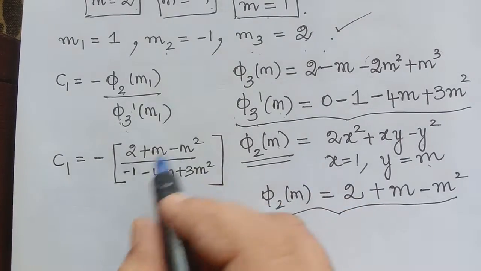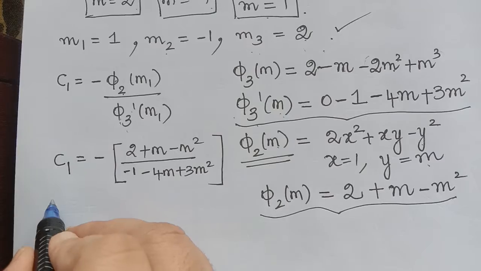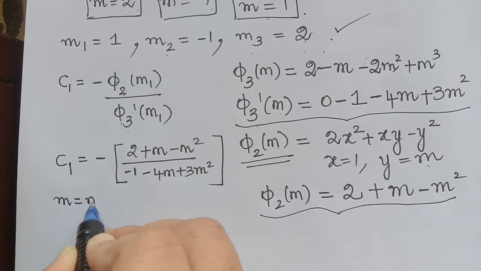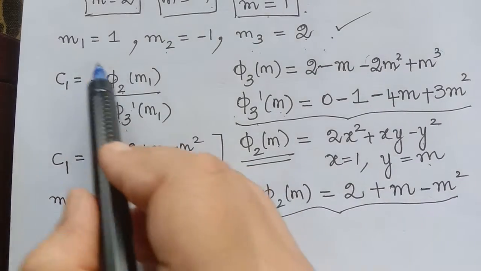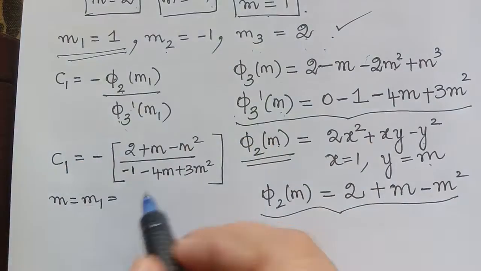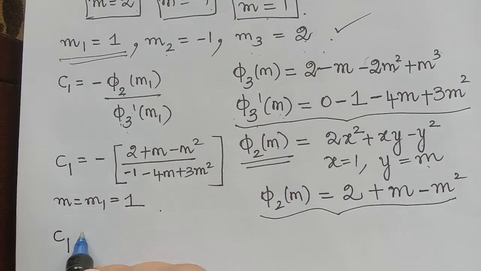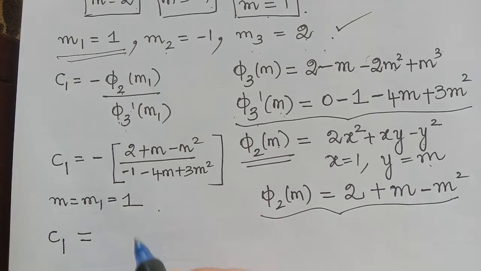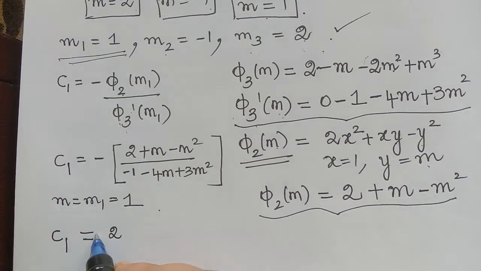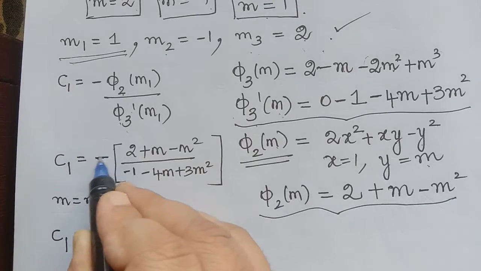Now in this, to find c1, I should put m equal to m1. And what is the value of m1? I have written here, m1 is 1. So we have to put m1 to be 1. So the value of c1 will be equal to, negative of this, you should not forget the negative sign.